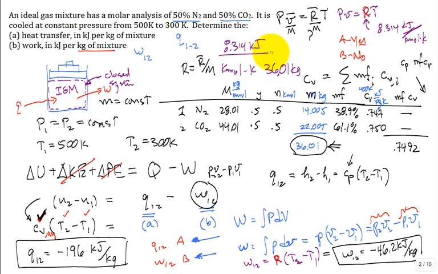That's our molar mass. And so the kilomoles cancel, and I'm left with kilojoules per kilogram Kelvin for my constant R. In this case, R turns out to be 0.2309 kilojoules per kilogram Kelvin for this mixture.